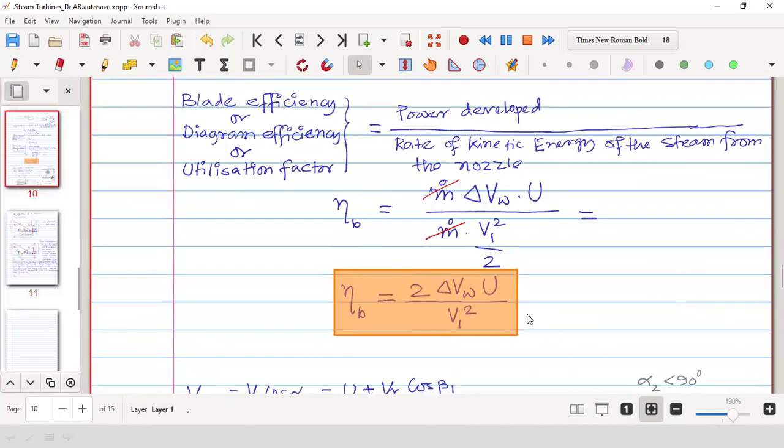So we have seen, we have discussed up to the blade efficiency.